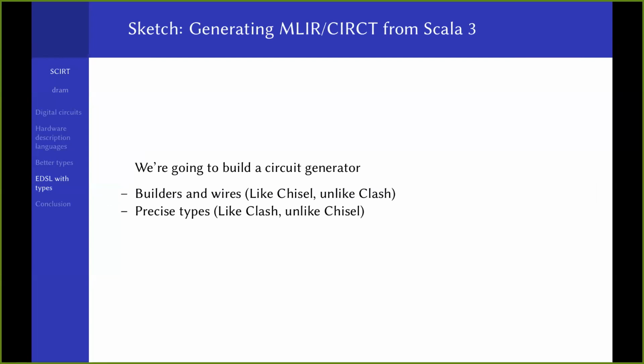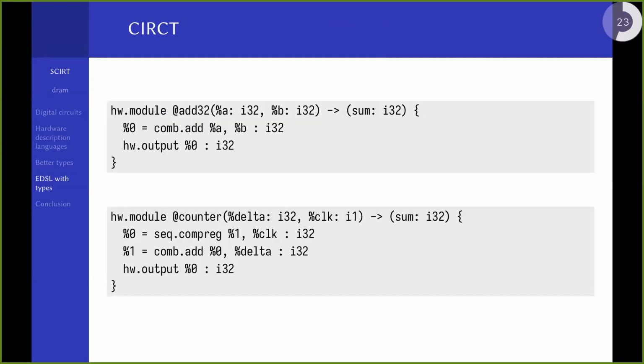This time we are going to build a circuit generator, so this is not a Scala to MLIR compiler. We will be using builders and wires, so it's actually quite like Chisel. And unlike, for example, the Haskell to circuit compiler Clash, we'll give it more precise types. Clash was able to do it in Haskell, and here we are doing it in Scala in a generator setting rather than a compiler setting.